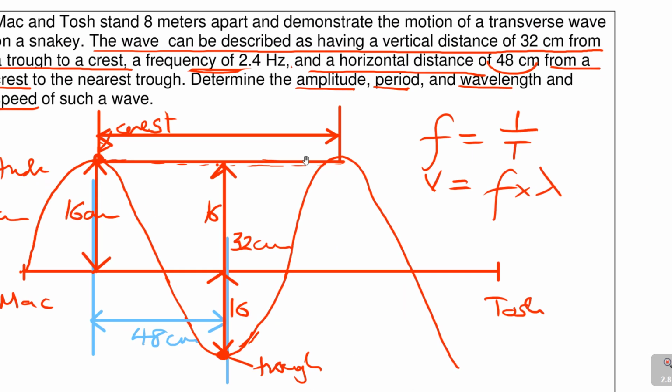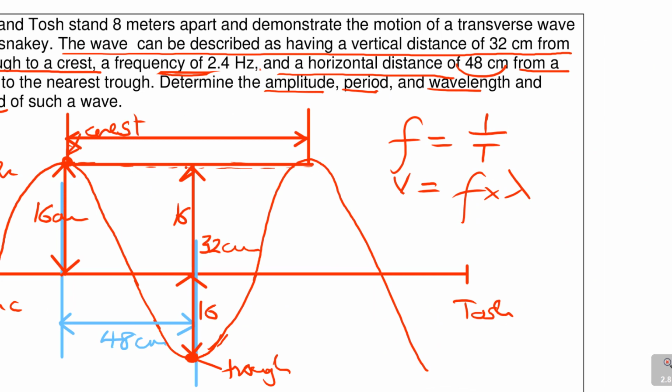And then the next one, what is the period? Now we did say the formula F is 1 over T, or you can write it the other way around. T is equal to 1 over F, which is T is equal to 1 over, they told us the frequency is 2,4. So what is the period?